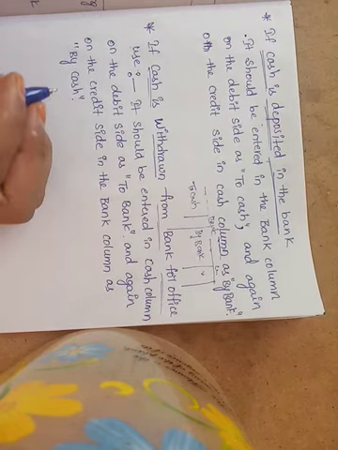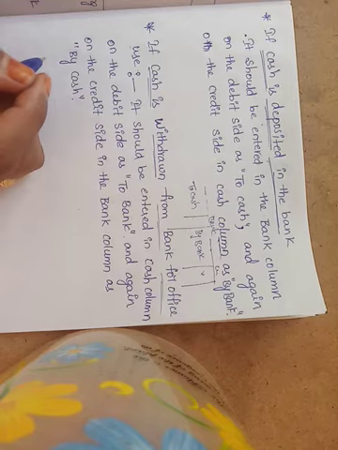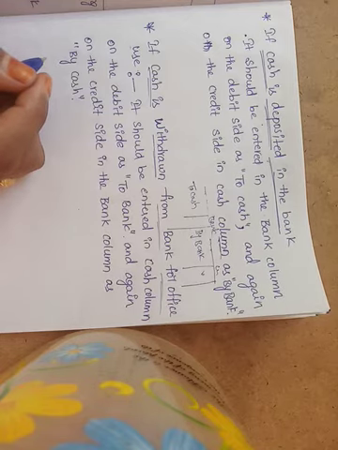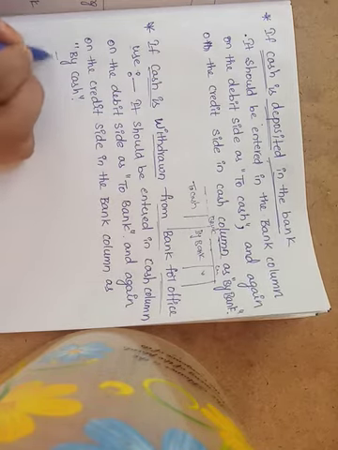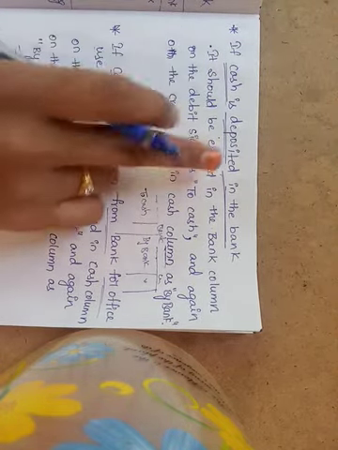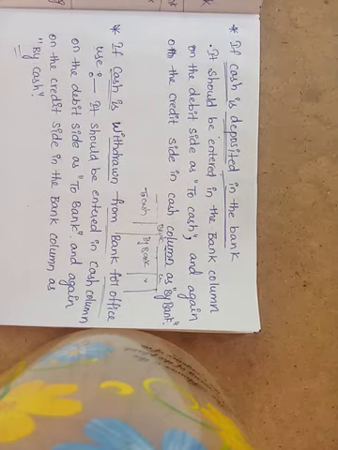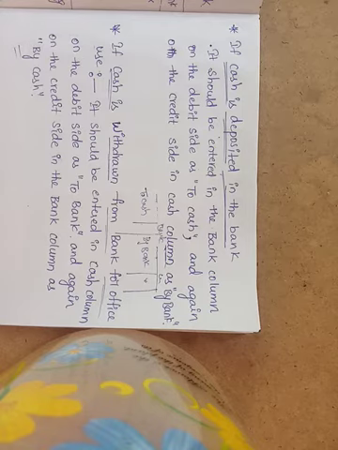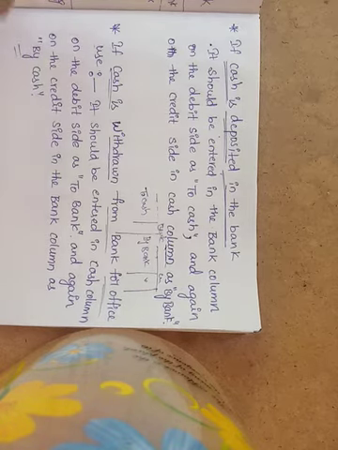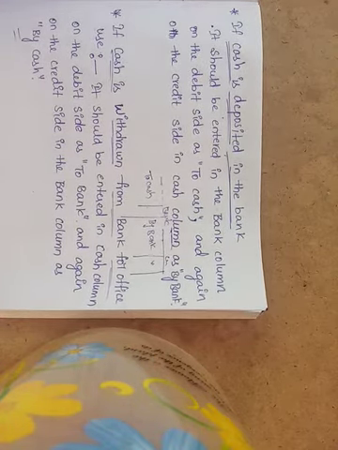Okay, got it? Clear? Here two transactions are confusing. One is cash is deposited in bank, and second one is cash is withdrawn from bank for office use. In this way you have to enter in the cash book. You must write the symbol C to indicate that it is a contra entry.